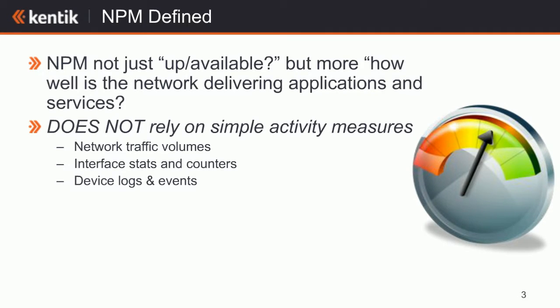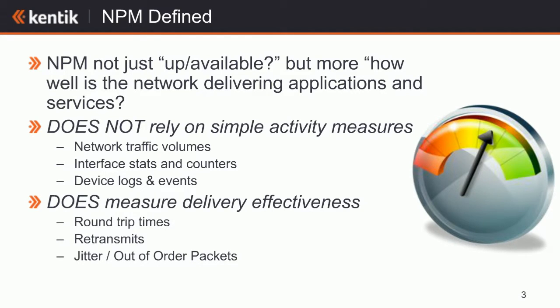Those can be helpful in understanding network activity and some very simple forms of network performance, really just on the side of utilization. But what we're really talking about here is moving to another type of metric: metrics such as round trip time, out of order packets, retransmits, fragments. These are measures that tell you not just is the network doing its job, but how well is the network doing its job.